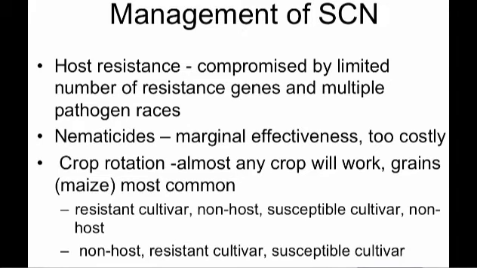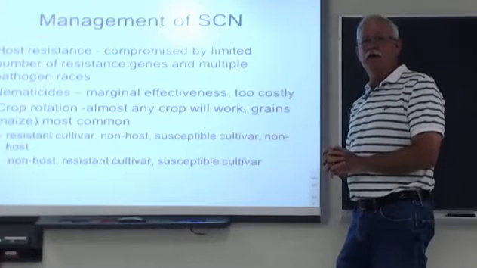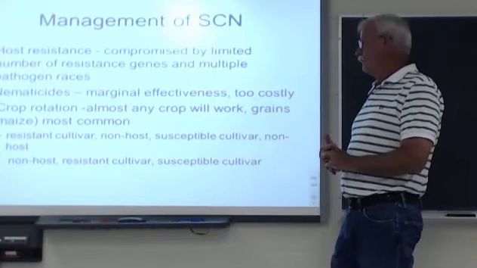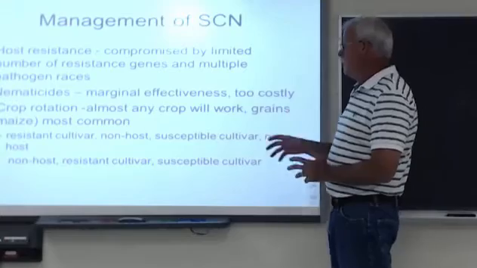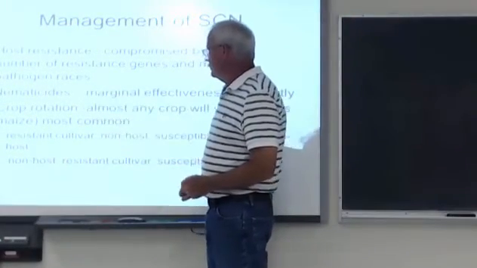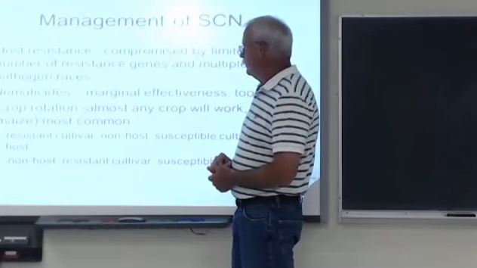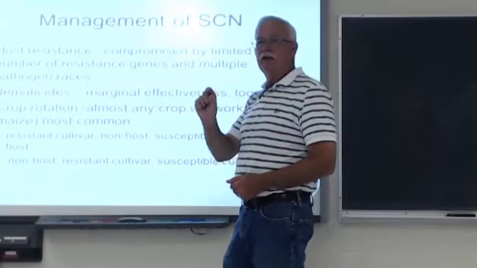Usually management of the cyst nematode is a combination of host resistance and crop rotation. Nematicides are generally not used, too costly, and because of environmental regulations today, there are very few that are labeled for use on soybeans. The soybean cyst nematode, unlike the lesion nematode and the root knot nematodes we'll talk about in a future lecture, has a very narrow host range.